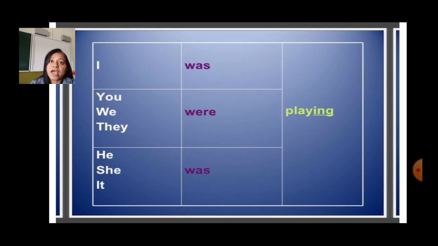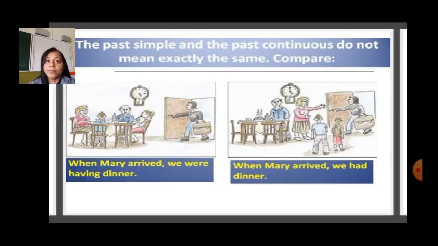We use I plus was plus the ing form of the verb. You, we, they plus were plus the ing form of the verb. He, she, it plus was plus the ing form of the verb. So the formation is subject plus was or were plus the ing form of the verb.